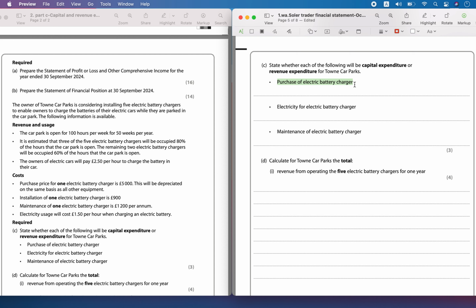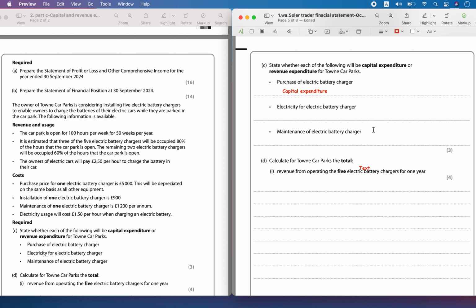Now, the purchase of electric battery chargers. Is this going to remain for a long time and am I going to spend only once? I'm not going to spend every year, so let's call this capital expenditure. Next, electricity for electric battery chargers.